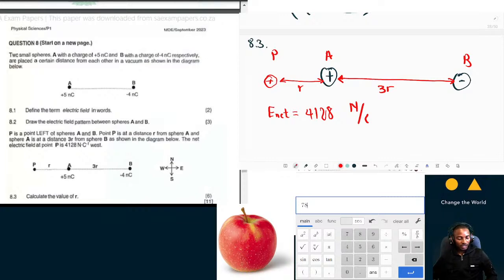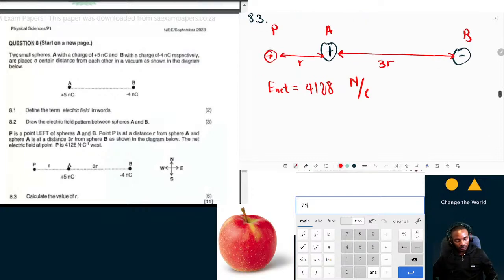So sphere A is going to push this test charge in that direction, to the west. So the test charge at P is going to experience the repulsion force to the west.